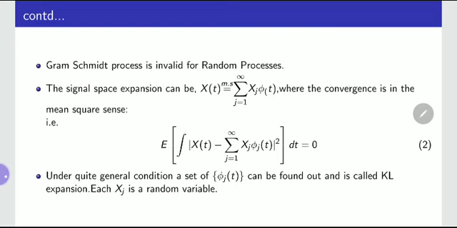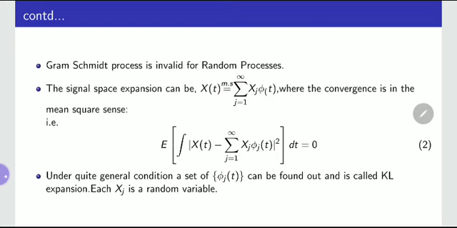This mean square sense implies that the energy of the difference between the signal and its approximation is 0. That means E of the integral of the magnitude of x(t) minus sigma j equal to 1 to infinity X_j phi_j(t), the whole squared, dt, equal to 0. This moment is 0.